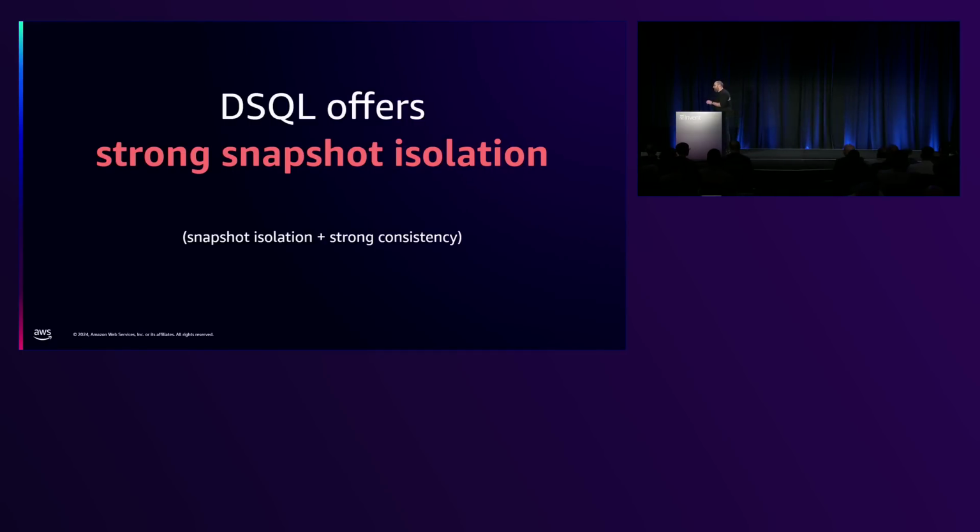And what we found as we built some of the world's largest applications and some really complex business logic applications is that application programmers just find it super hard, sometimes impossible, to write correct code in the face of eventual consistency. And so we have chosen strong consistency for DSQL by default right now as its only mode because we think that is such an important lesson that we've baked into the service.